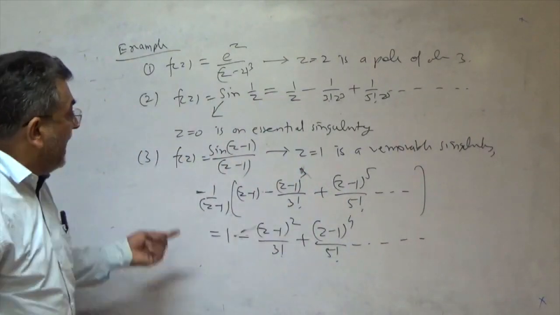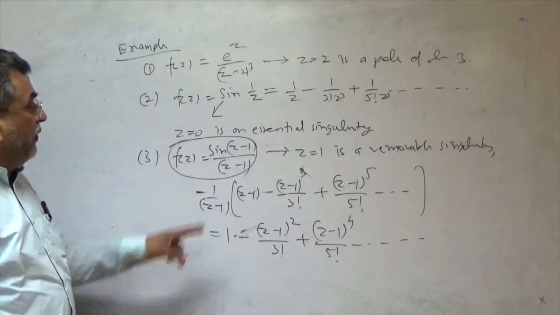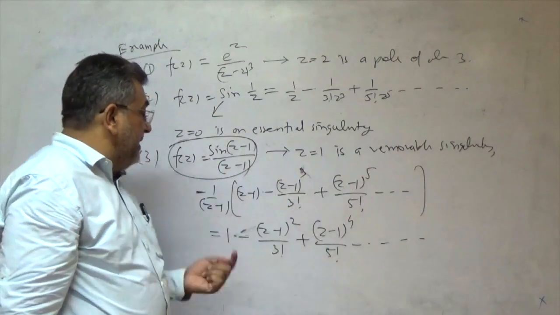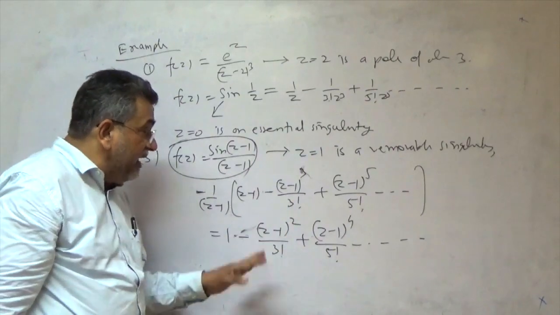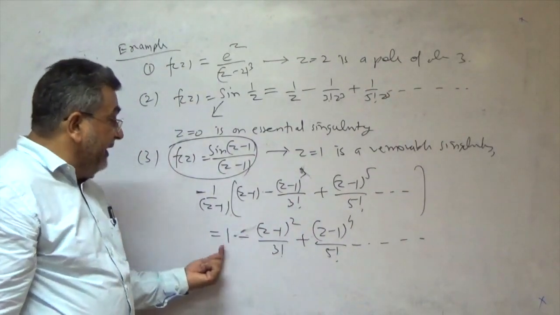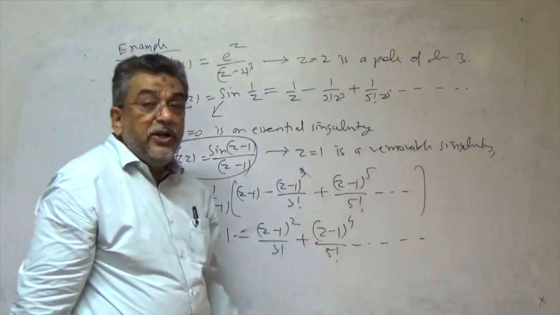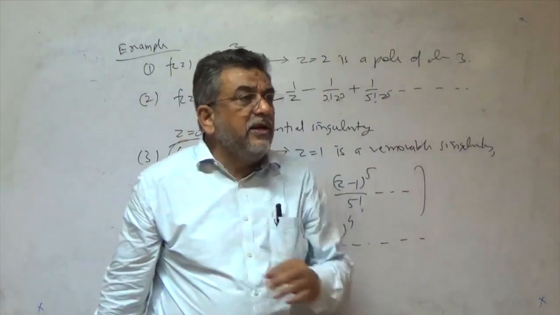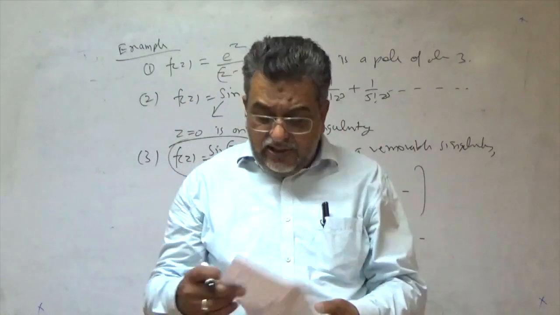So here you see that in this function, z equal to 1 is a singular point. But if we expand this, then this singular point has been removed, because in this series, z equal to 1 is not a singular point. If we put z equal to 1 here, we get 1 that is defined, that exists, and so it is a removable singularity. So in our syllabus, there are 3 types of singularities: poles, removable singularity, and essential singularity.